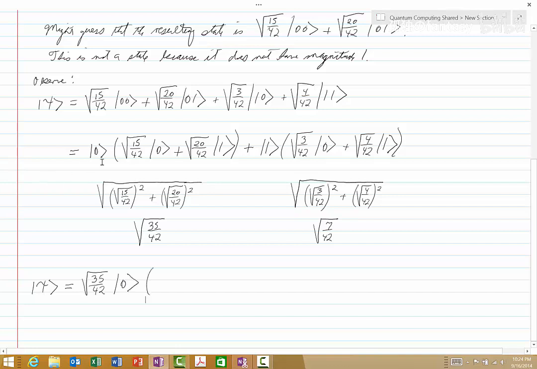Now, since I have multiplied by the square root of 35 over 42, I must divide by the square root of 35 over 42. I'm going to do the division inside, and the whole point is that what's left inside will have a magnitude of 1, and so it will represent a state. So if I divide both of these terms by the square root of 35 over 42, I'll get square root of 15 over 35 |0⟩, plus square root of 20 over 35 |1⟩.